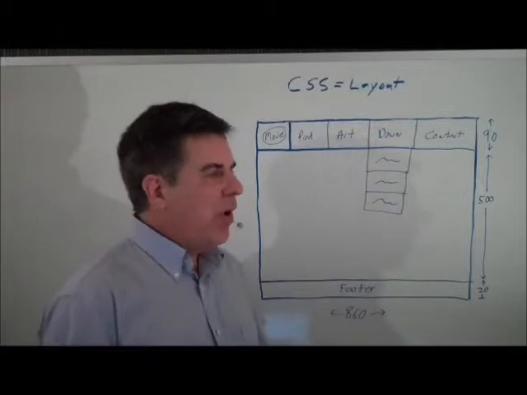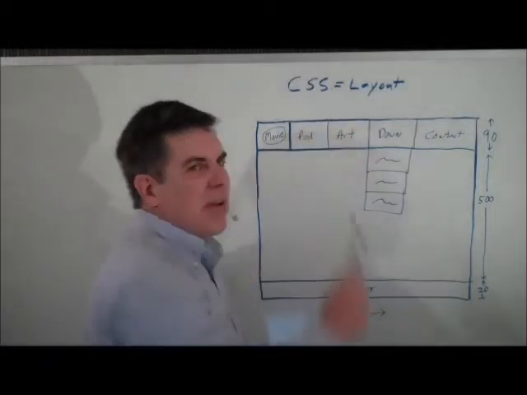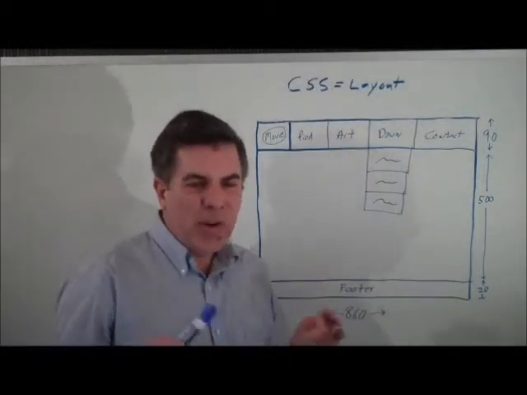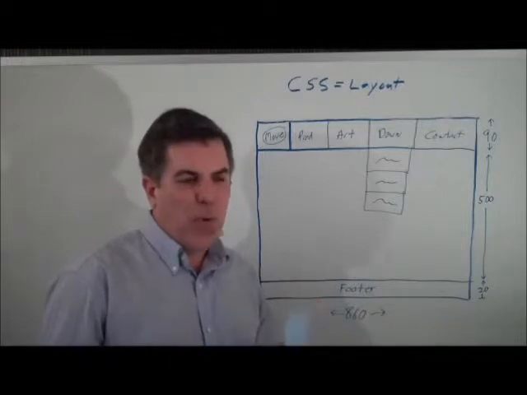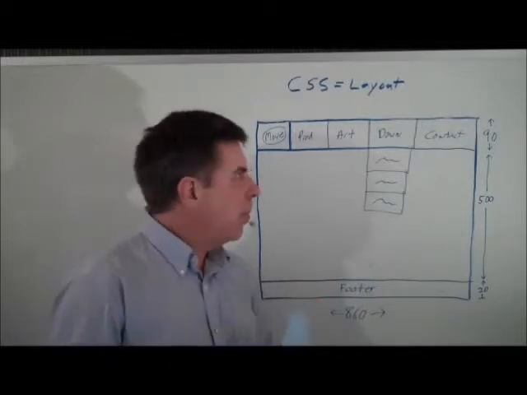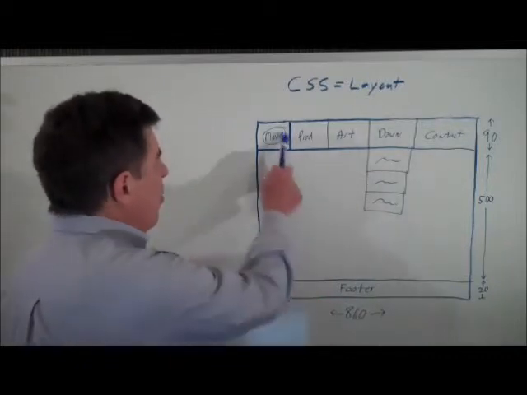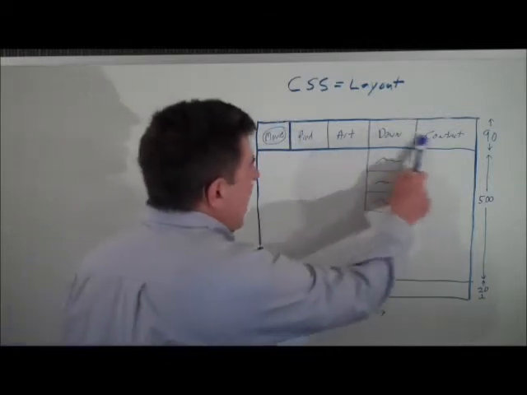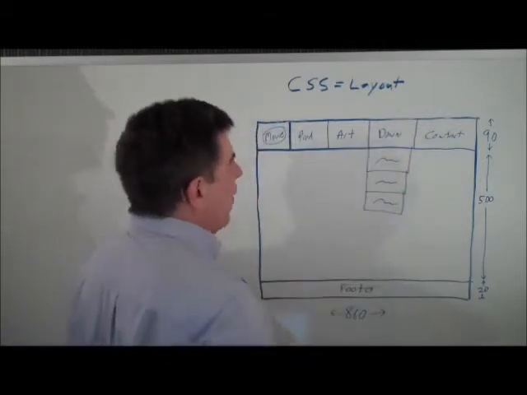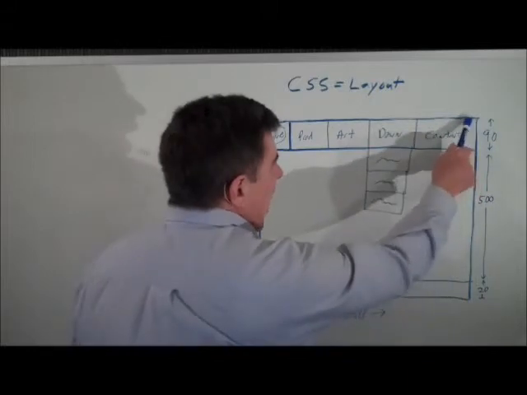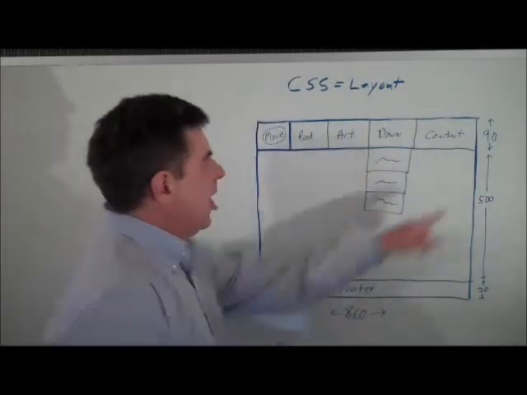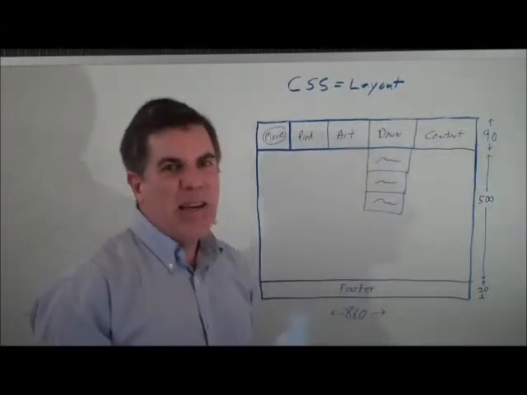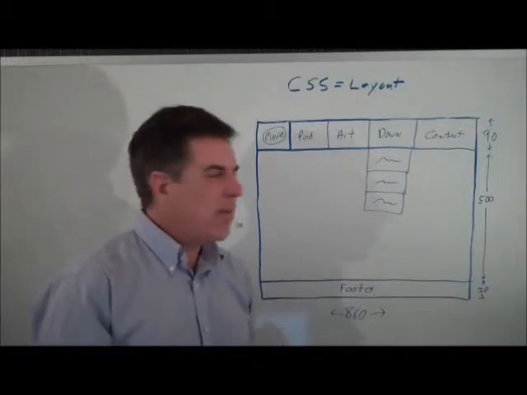Now we want to do the layout using CSS and a little bit of measuring before we're ready to start writing code. If you remember, we've got a movie in the corner, we've got a menu that drops down, and the heading area here, and it's going to be 90 pixels in size.